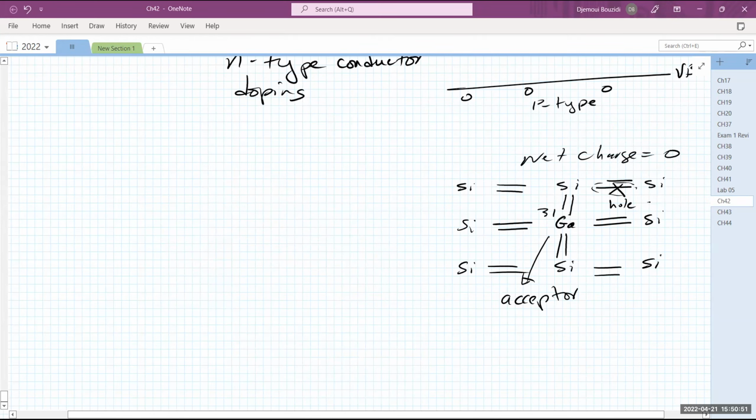In other words, the fact that this gallium grabbed an electron in here, well, yes, itself is going to be ionized, it's going to be negatively charged, but that's fine. There is in here a positive charge because it lost its electron. So at the end, the net charge is 0. In other words, when you take a semiconductor, it's still neutral. Okay. Doesn't matter which type of doping.